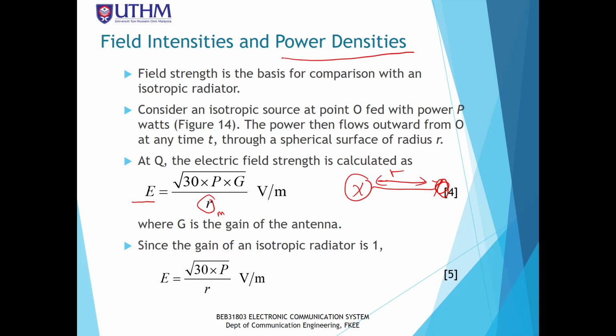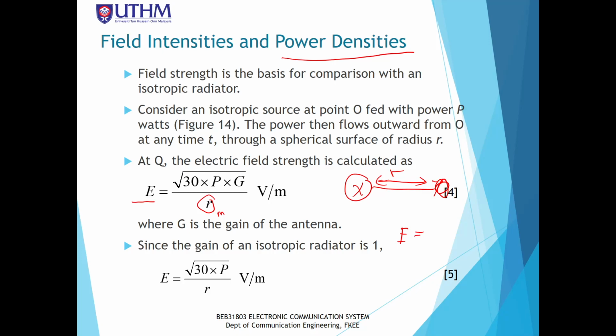So here you see that when we want to calculate the E field, there is P times G. What is P? What is G in this case? So I will rewrite again.